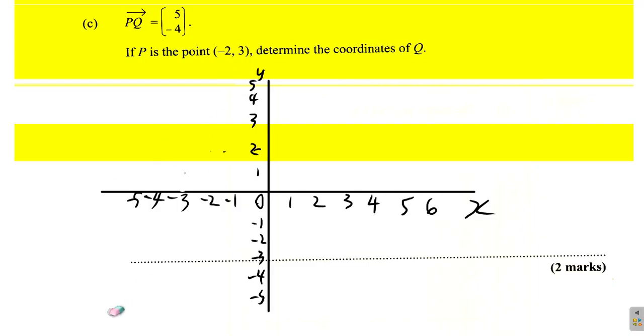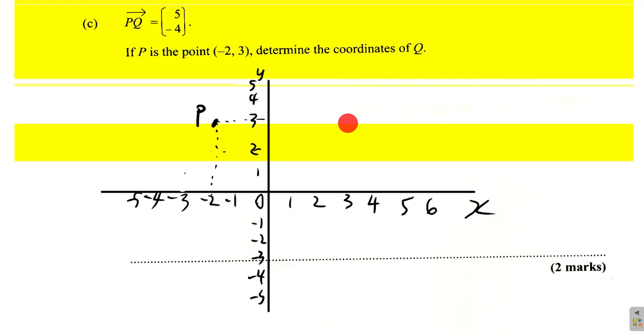P is at negative 2, 3. Alright, so we are at negative 2, 3. It will be here. That is P. Alright, so it's above negative 2 and to the left beside 3. Alright, so let's go at it again. 5 to the right, meaning 1, 2, 3, 4, 5 would take us above 3.